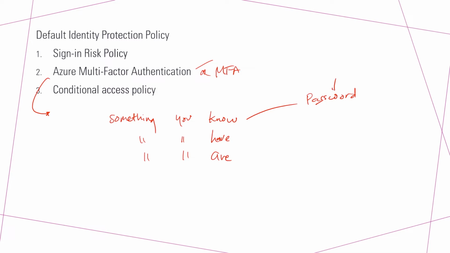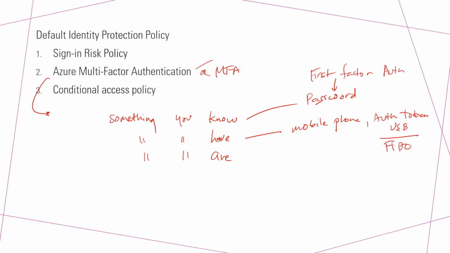I think this is the first factor of authentication. And then something you have, it could be your mobile phone or your authentication token in the form of a USB or a FIDO key. And then something you are, it's usually a biometric factor.